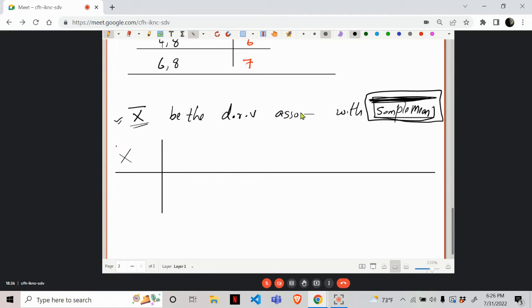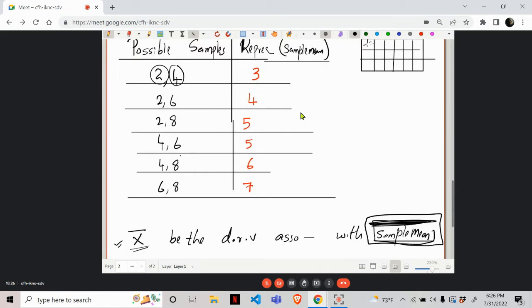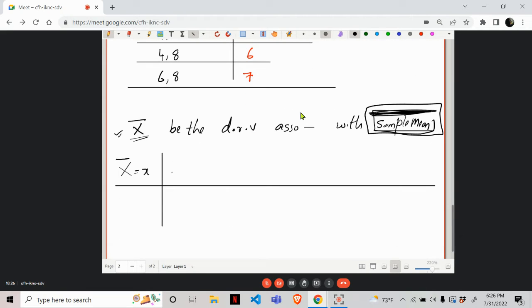Can you tell me all possible values of sample mean, without repetition in ascending order? One possibility is someone might report the answer 3. Someone might report 4, 5, 6, 7. So I'm writing all possible sample means.